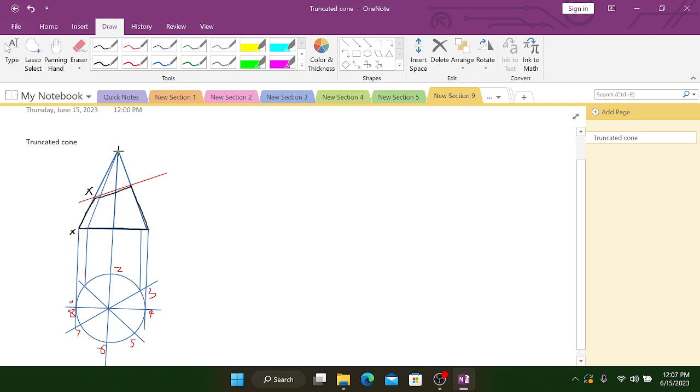With this apex point I am going to connect. Then from this point also I am going to connect with the apex. In this way I am going to connect.